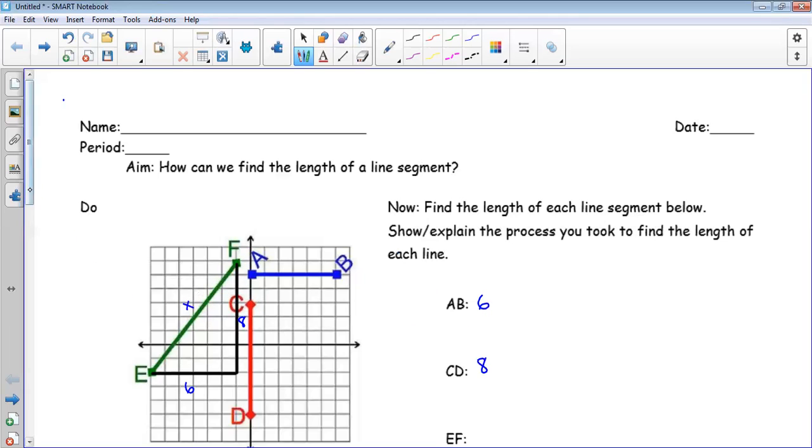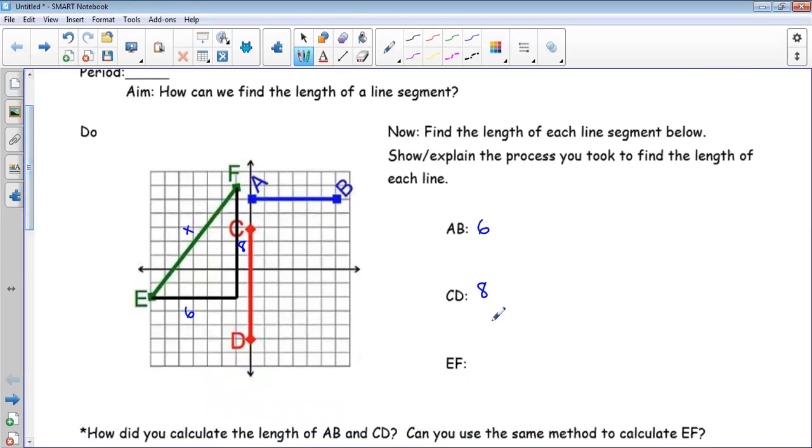Now, we know it's a 6, 8, 10, which is a multiple of a 3, 4, 5, but we could show work and say 6 squared plus 8 squared is equal to x squared. 36 plus 64 is equal to x squared. 100 is equal to x squared. X is equal to 10. Okay, so we use the Pythagorean theorem for that.